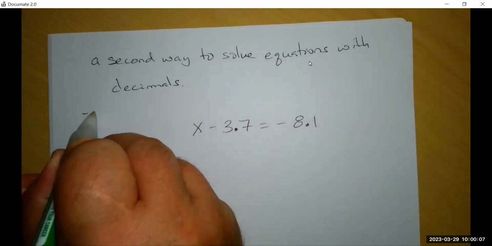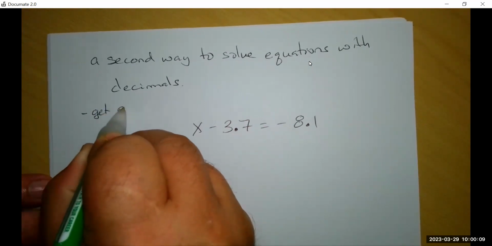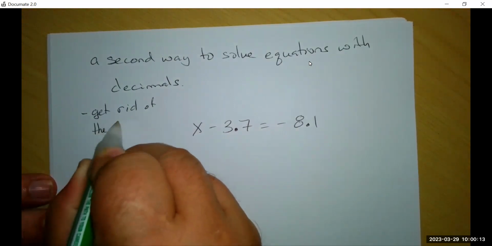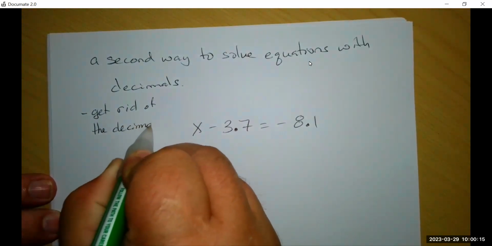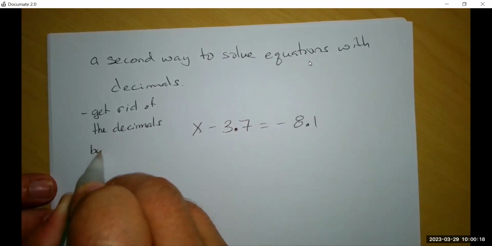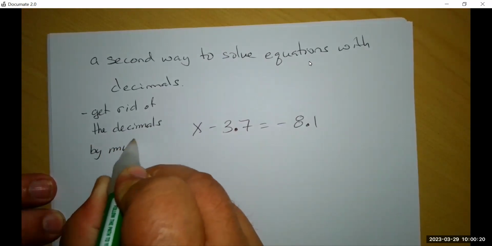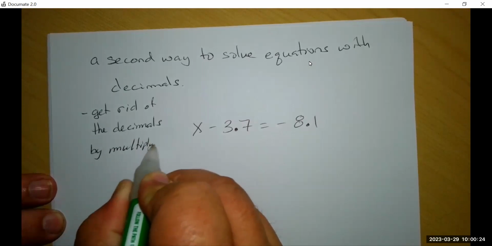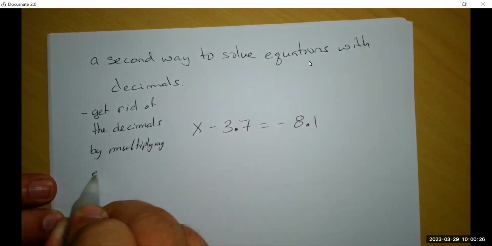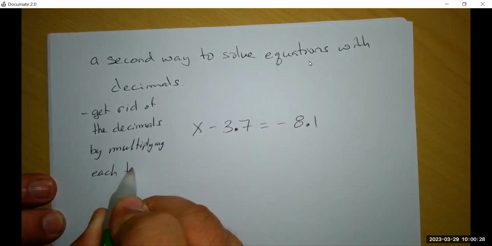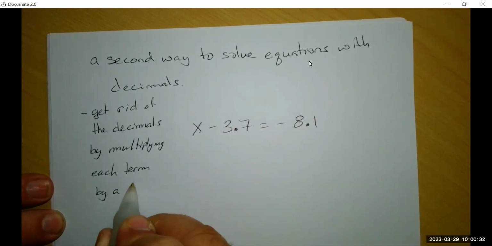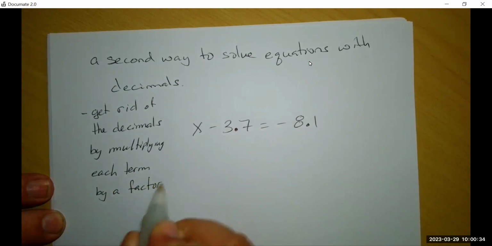This way is to get rid of the decimals by multiplying each term by a factor of 10.